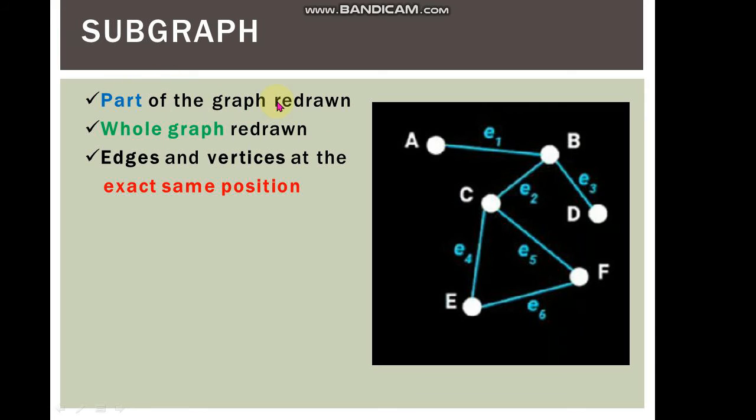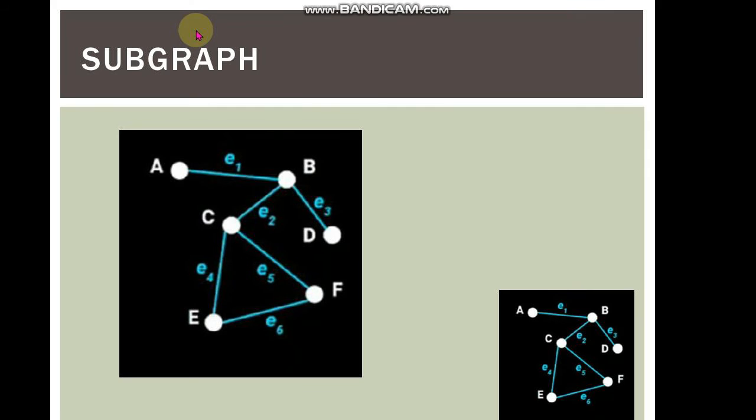Subgraph. Part of the graph redrawn, or whole graph redrawn, with edges and vertices at the exact same position. The example. Question 1. Justify whether the graph is a subgraph or not.